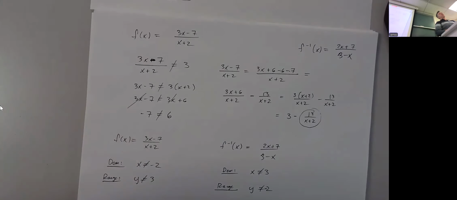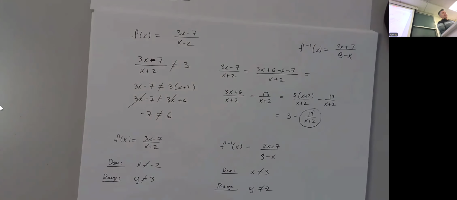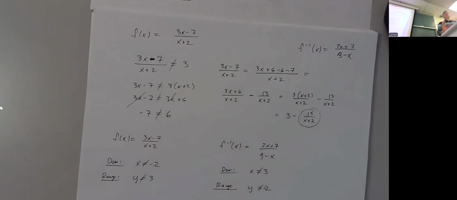So I employed a trick. What I really did there was I took a shortcut for polynomial long division. So I wanted to write this as a fraction in a way that was convenient. So what I said to myself was, I know that 3 isn't an option. So I want to make the top look like 3 times the bottom.